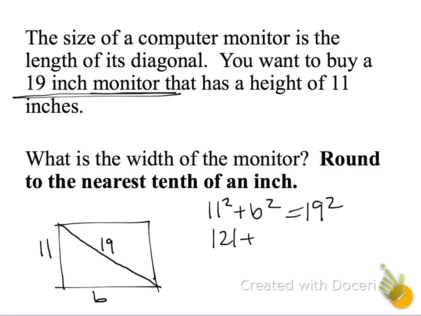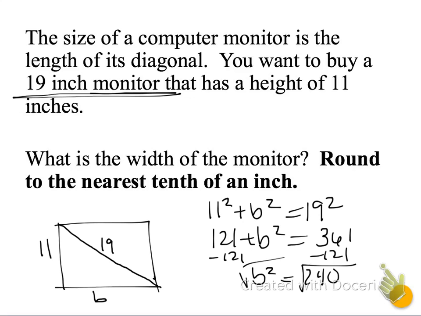So 121 plus b squared equals 361. Subtract 121. So b squared equals 240. We square root 240, so b equals, and we want to do it to the nearest tenth of an inch. So it's going to be 15.5 inches. Make sure you label it. Sorry, that was really ugly, but it says inches.